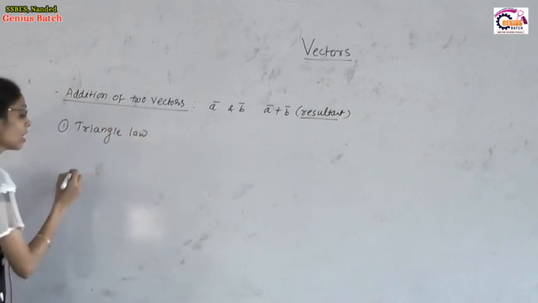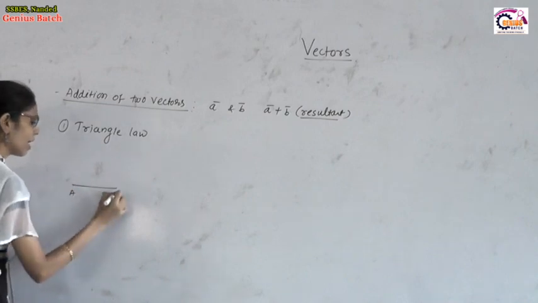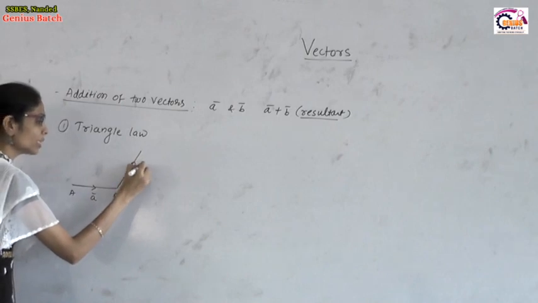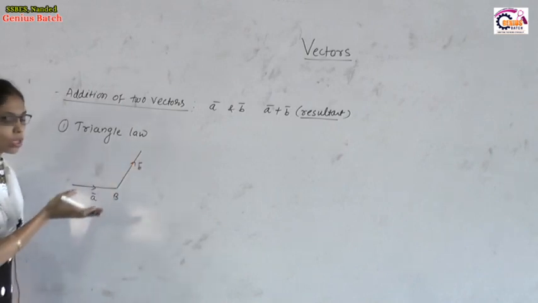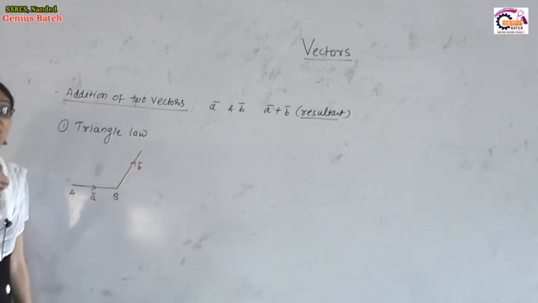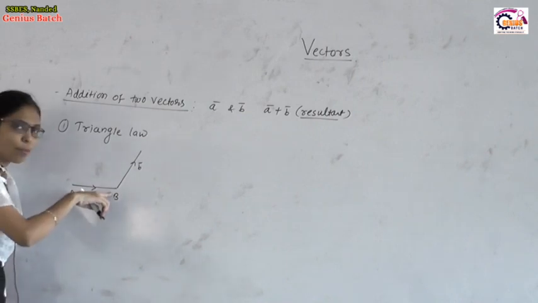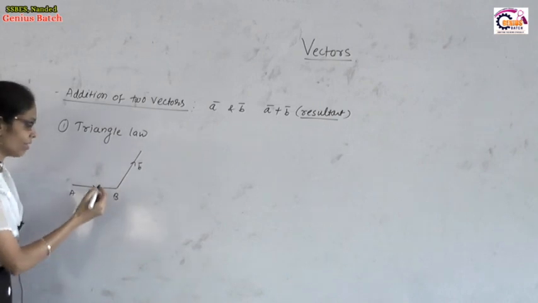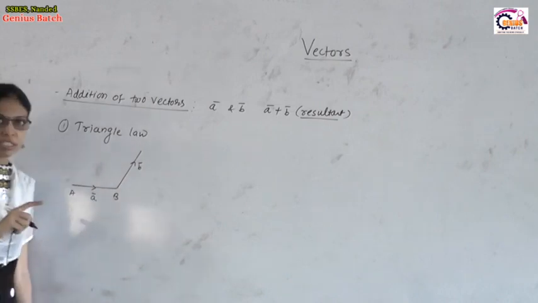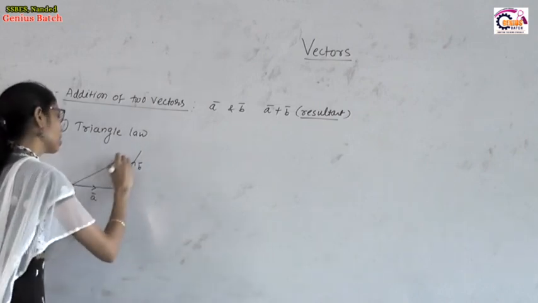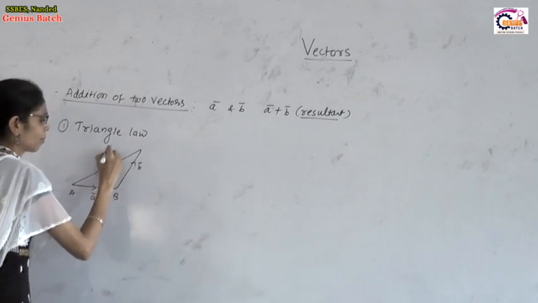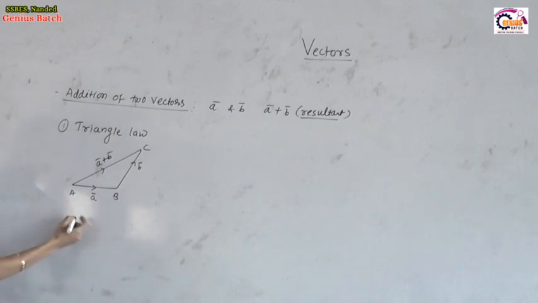What it says, if vector A and vector B are two vectors lying along two sides of a triangle such that terminal point of first vector is the initial point of second vector, then their resultant lies along the third side of the triangle. Okay, so what do you see?